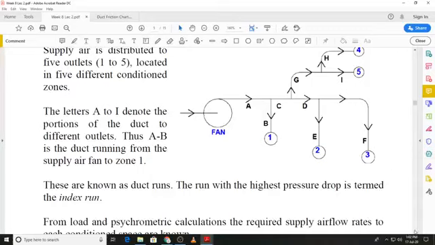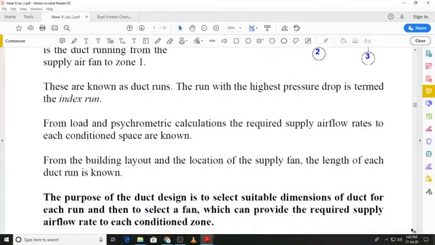Okay. So we have the load for the conditioned space. According to the load, we will know how much is the supply rate of the air required in that conditioned space, so we will know the volume flow rate. What we will also have, as I mentioned earlier, from the building layout, the location of the supply fan and the route or the layout of the duct runs is also known to us.